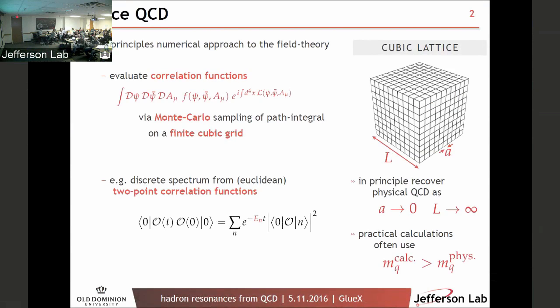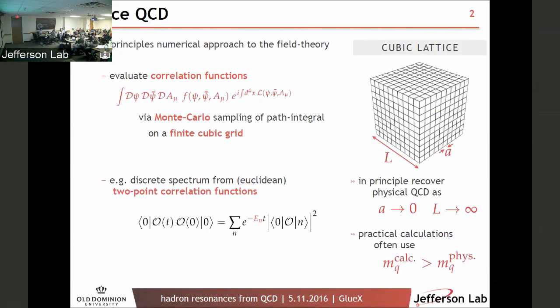If you correlate that operator at initial time with the same operator at a later time, it's relatively easy to show that this is just a function of t, and the time dependence contains information about the spectrum of states with pseudoscalar quantum numbers. They appear like this, with a sum over all the possible QCD eigenstates with those quantum numbers.